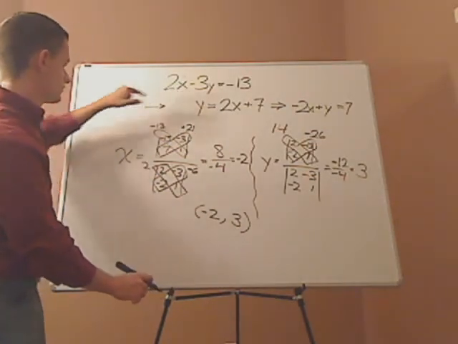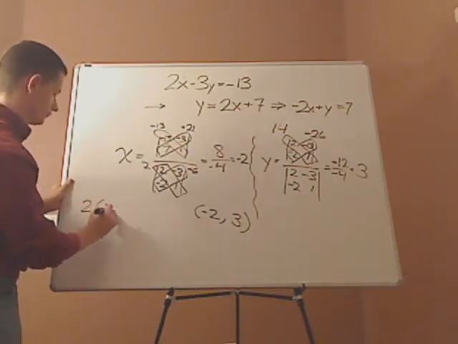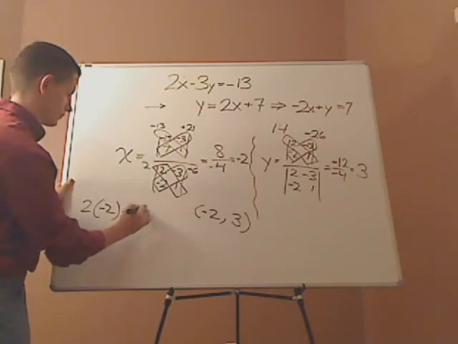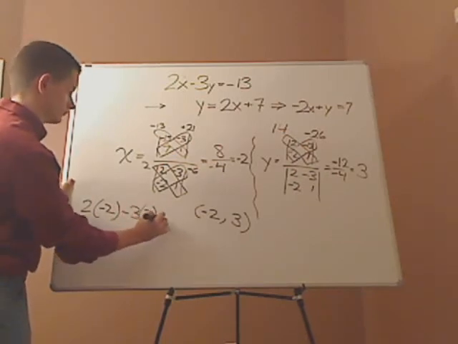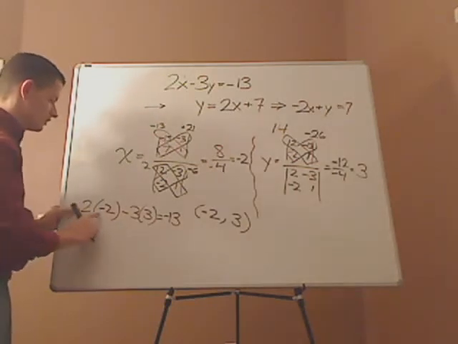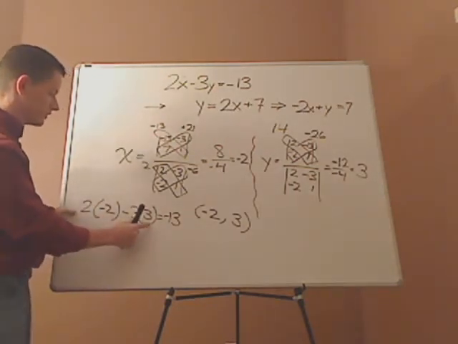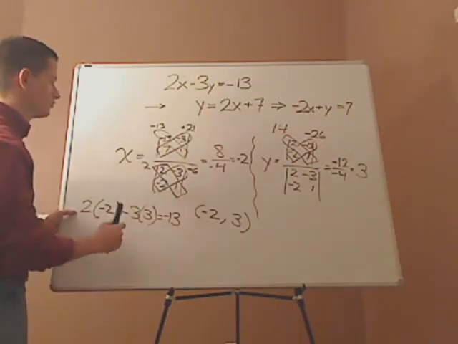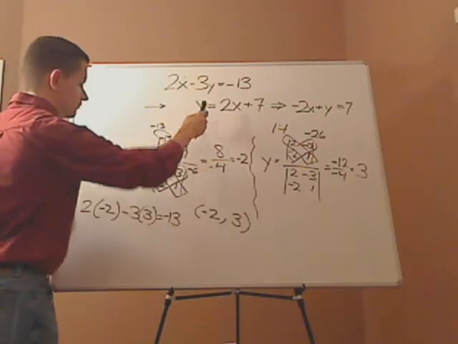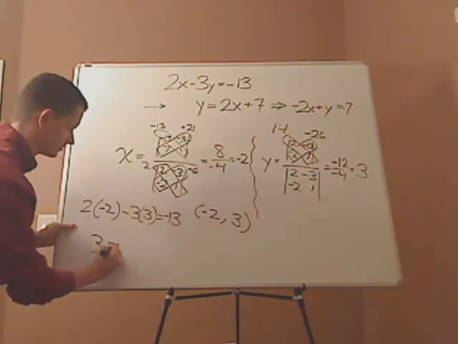If I take this and plug it in, I want to see if it's true or not. 2 times negative 2 is negative 4, and this is 9. Negative 4 minus 9, yes, that's true. Now with this one, you always want to plug it into the originals.